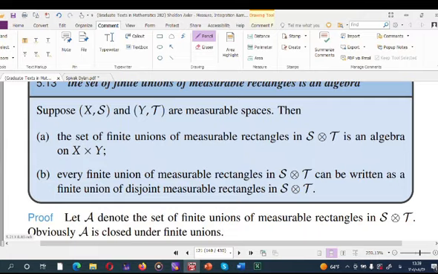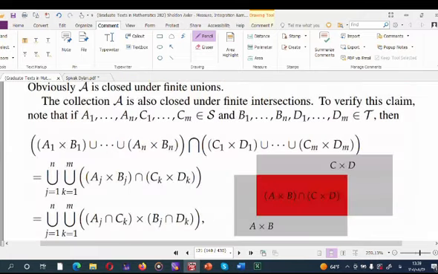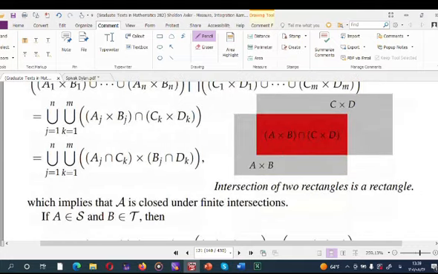So any element of A has this form, a finite union of measurable rectangles, this and this, and the intersection of two arbitrary elements in A equals an element in A, so that A is closed under finite intersection.